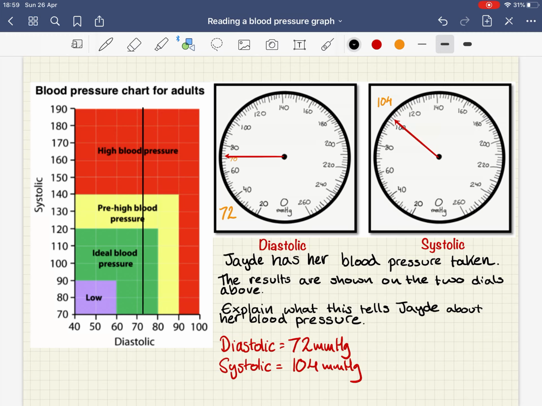My systolic is 104, so again I'm looking at this rough region here. Drawing a line across. And yes, we can see this is where it's going to intersect. So that means Jade may have ideal blood pressure.